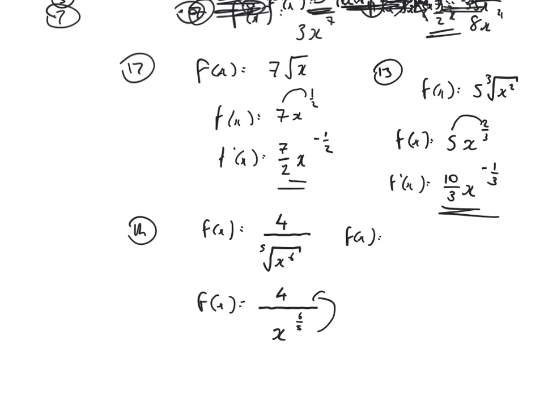Bring that up. That's now going to be 4x to the minus 6/5. Still haven't differentiated, so I'm going to do that now. Minus 6/5 times 4, so it's going to be minus 24/5. X to the minus 6/5 takes away 1, that's minus 6/5 take away 5/5, so that's minus 11/5. Okay, and we'll pick those ones up in class tomorrow.